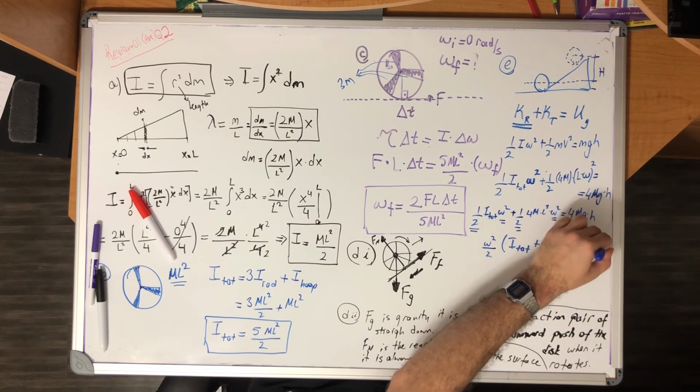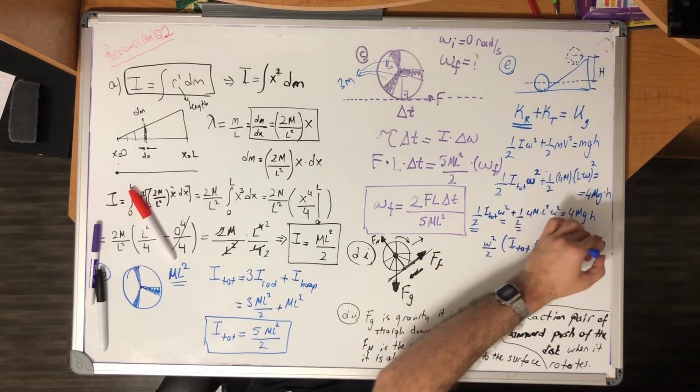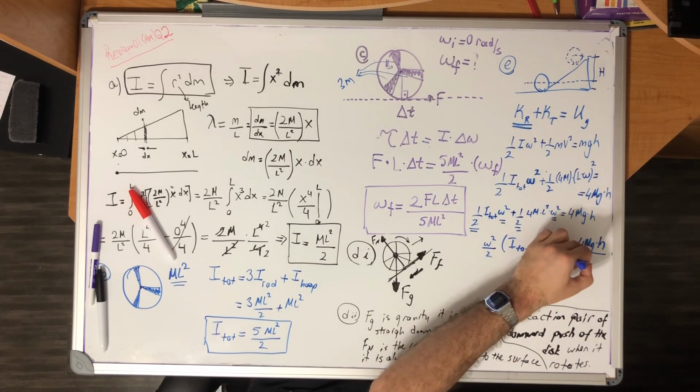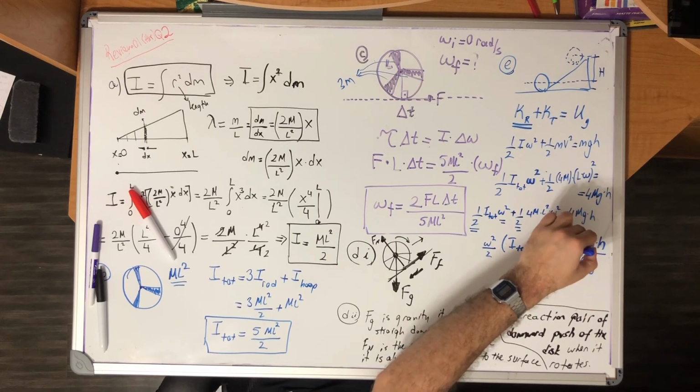4mg times h. The last thing that we're going to do is, there's nothing that you can do over here, it's just a bunch of variables. You just divide everything by 4mg, and then that cancels out.